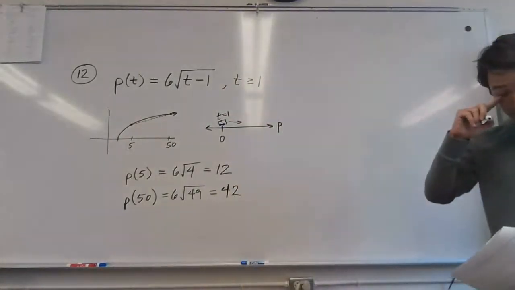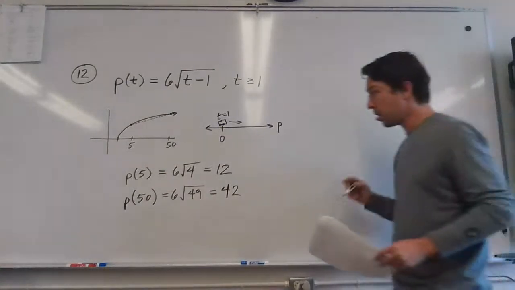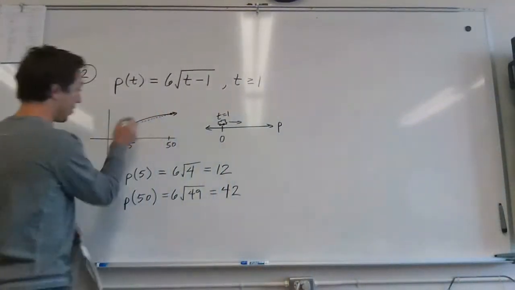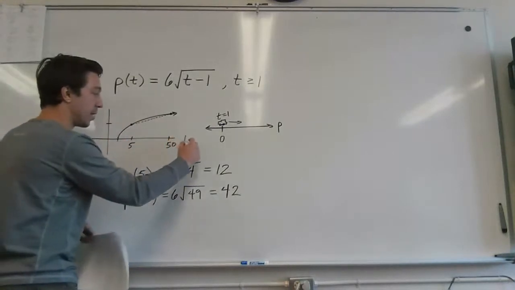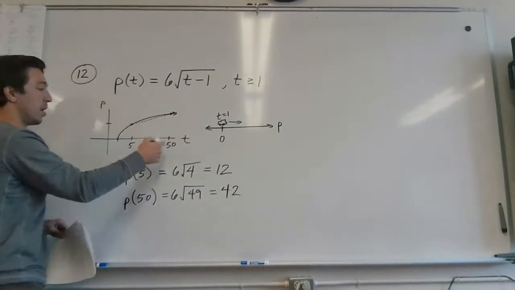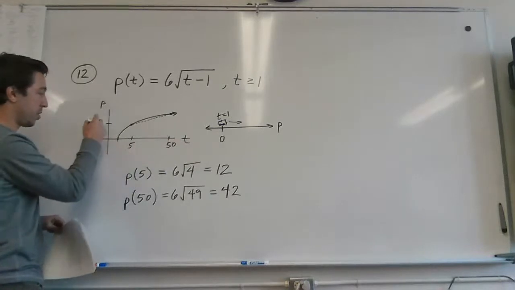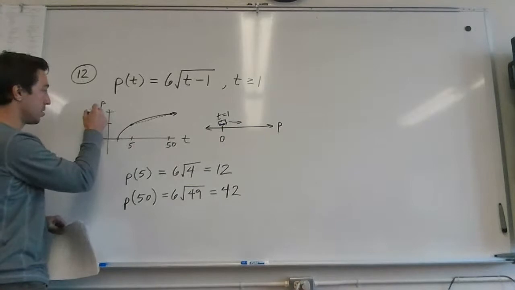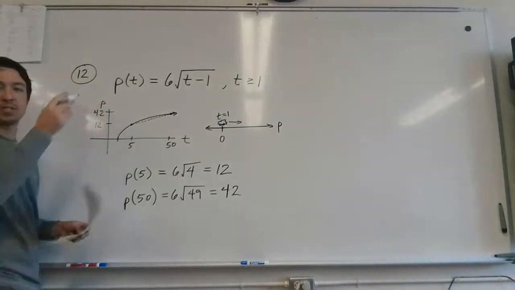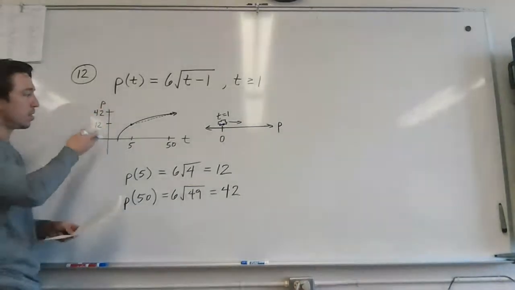Everyone's okay with that, right? No questions there? So graphically, at time 5 the position was 12, and at time 50 the position was 42. My picture is not to scale, but that's okay.